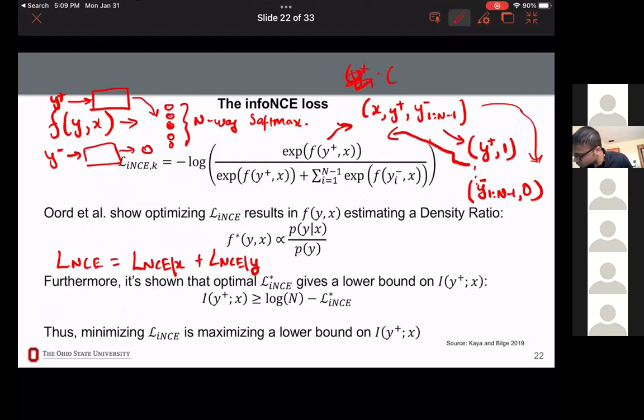So you will have a y and corresponding x plus and x minuses, and you will calculate the second function in the same fashion. It could be the same f, it could be a different f.